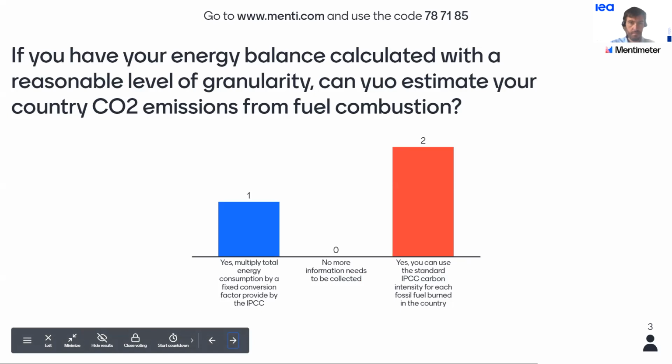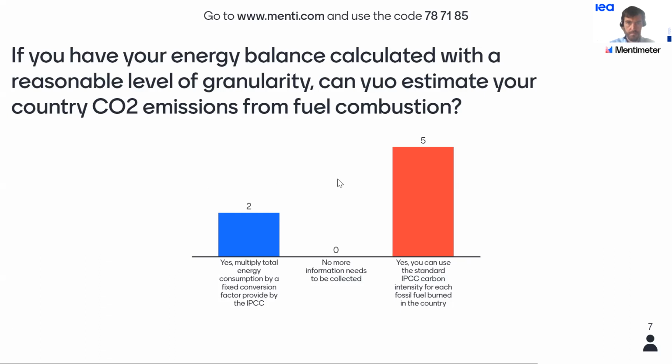And the carbon intensity for each fossil fuel is an indicator, let's say, or a conversion factor that tells you how much CO2 emissions are released when you burn a unit of energy of each fuel. So you will see different fuels at different carbon emission factors. That's great. We have 7 answers and most of you got it right.